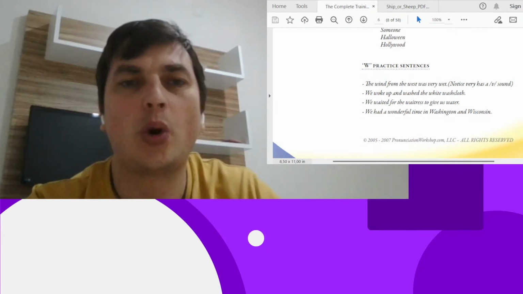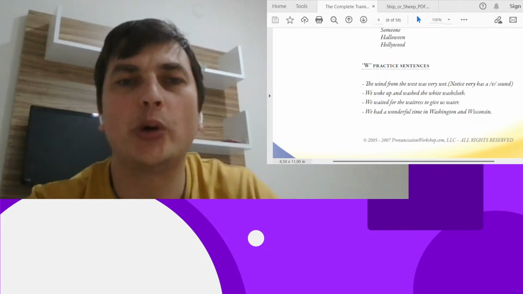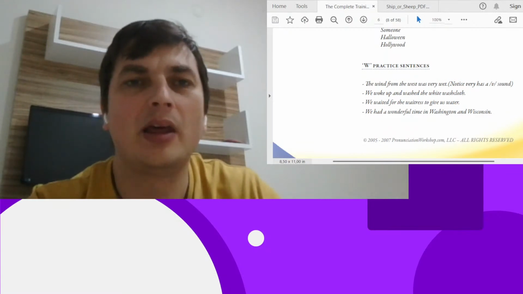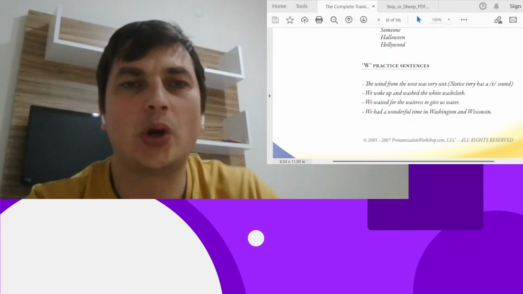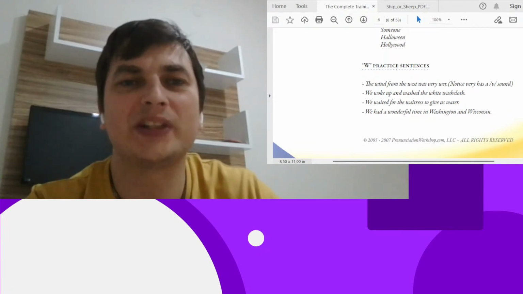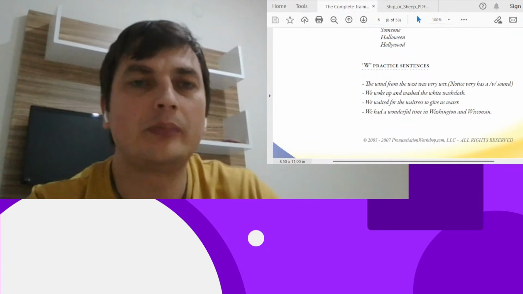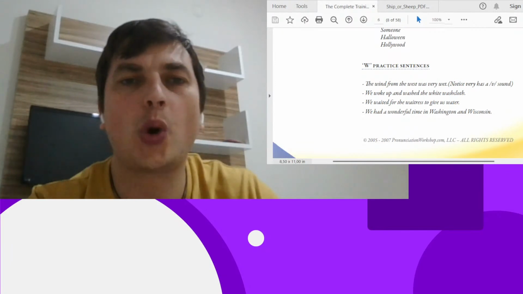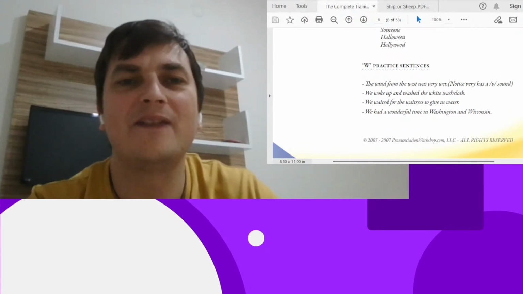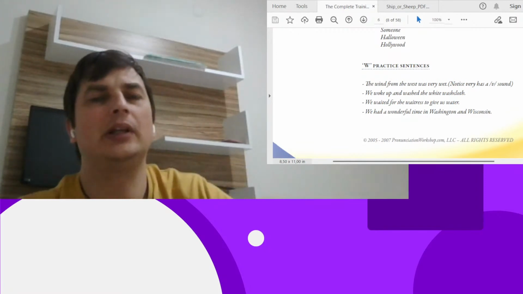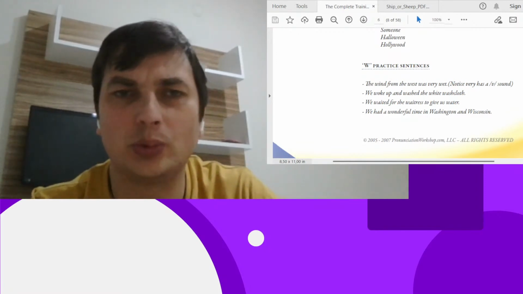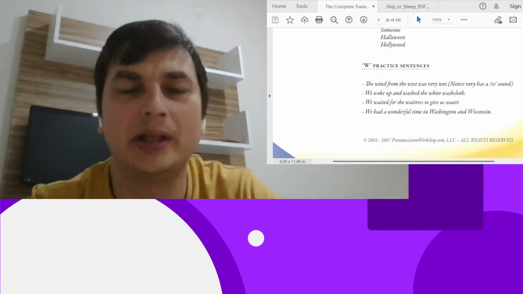The wind from the west was very wet. Three. The wind from the west was very wet. Five. Okay, let's do it once again, one time.